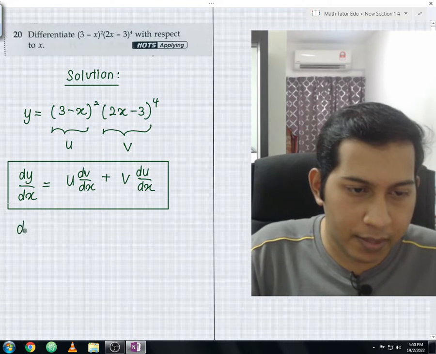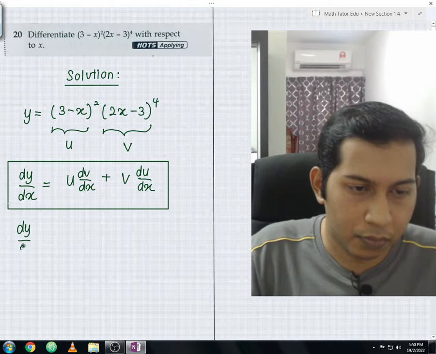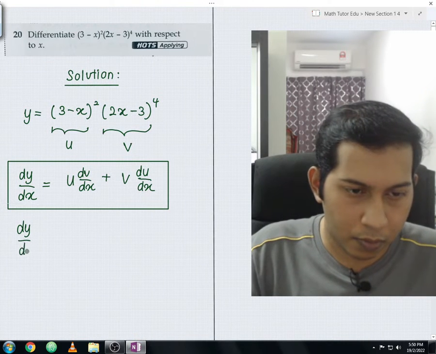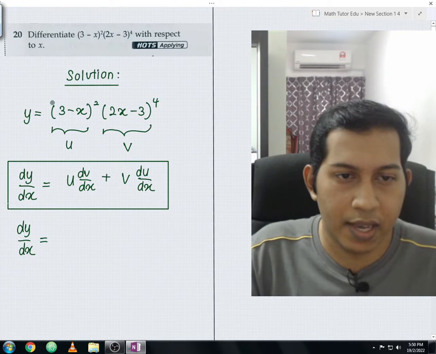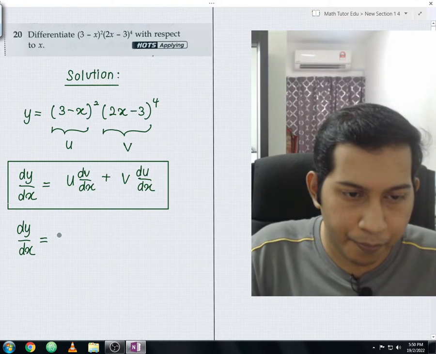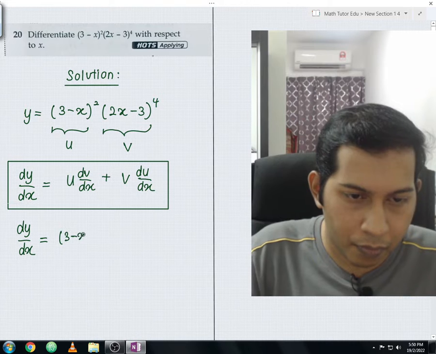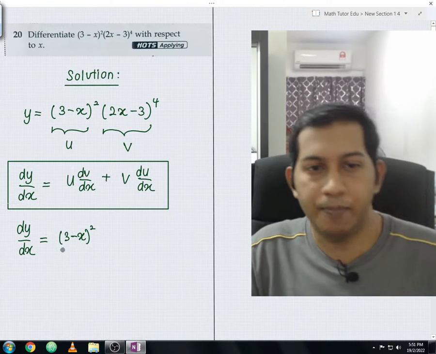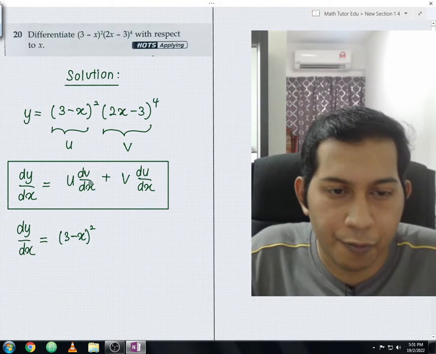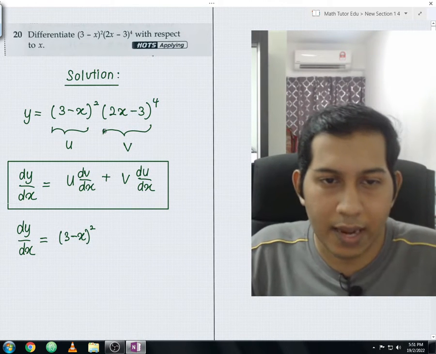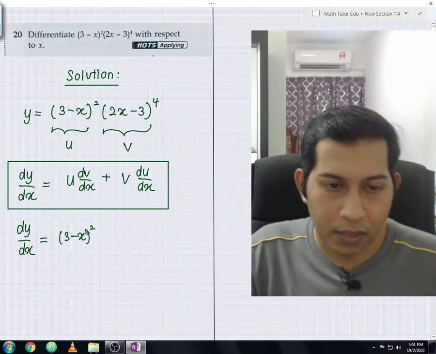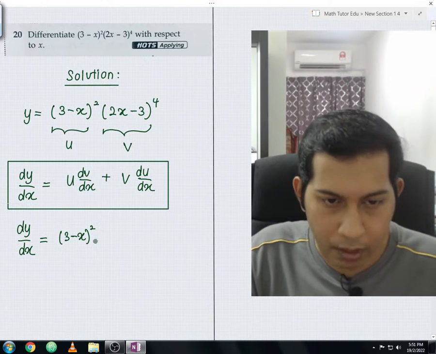So dy/dx is equal to, the expression u in this case is 3 minus x squared, times the differentiation of v with respect to x. It's going to be slightly longer because you have power of 4, so let me just put a square bracket over here.